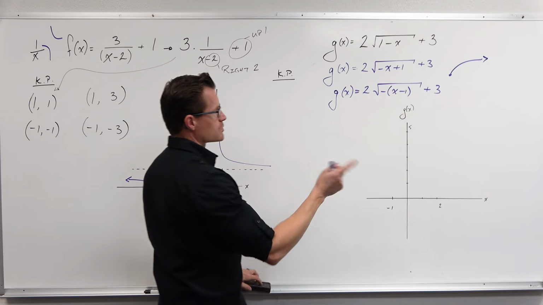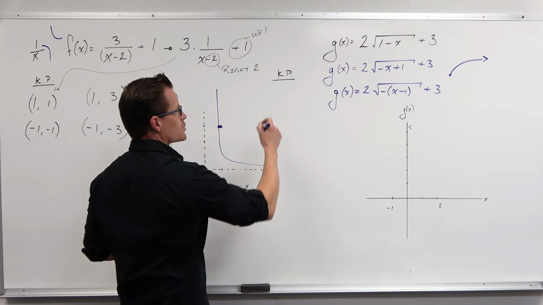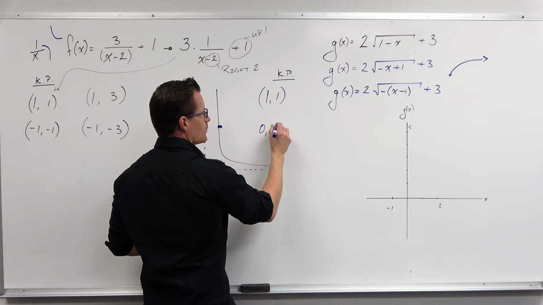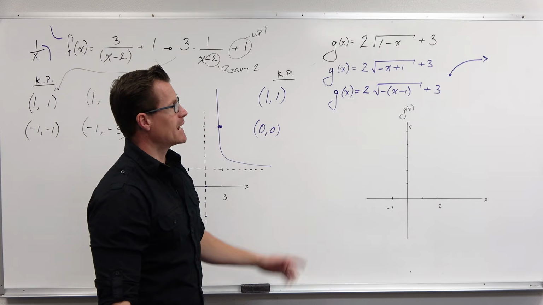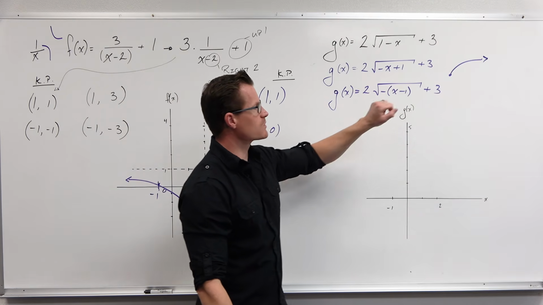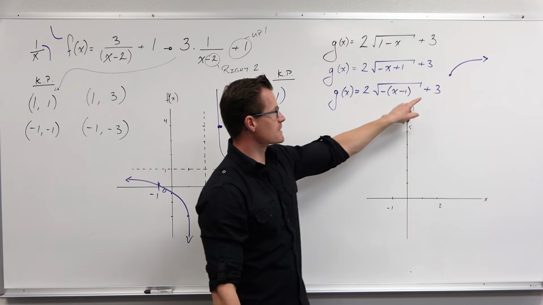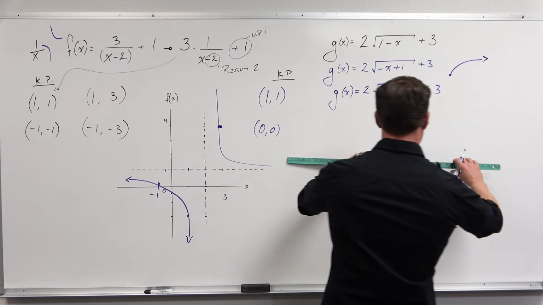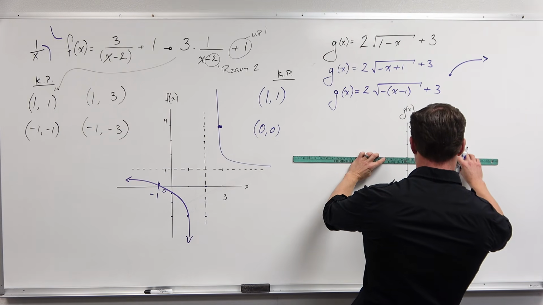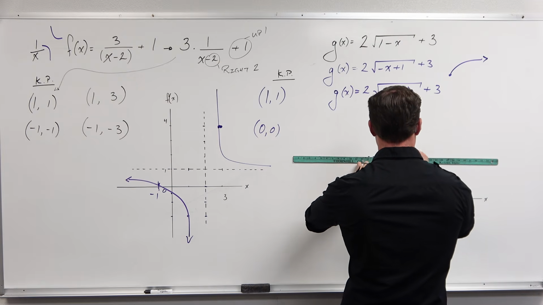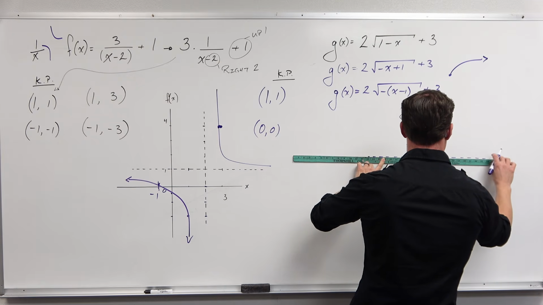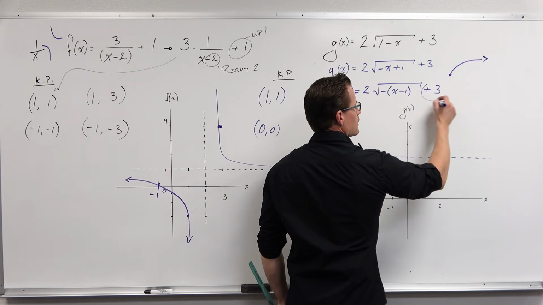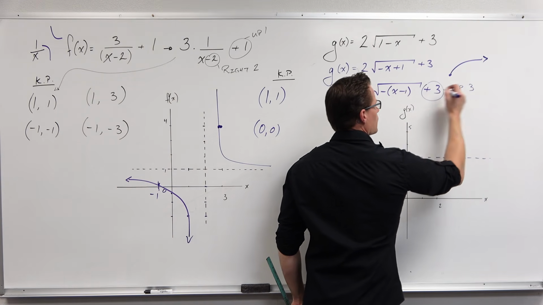We now know this is square root. We know our key points for square roots originally are 1, 1, and 0, 0. But we have a few things happening. And now we can see what happens because we've structured it correctly. We can see this has a shift up of 3 units. So we're going to graph that. We know this has a shift, so this would be up 3.